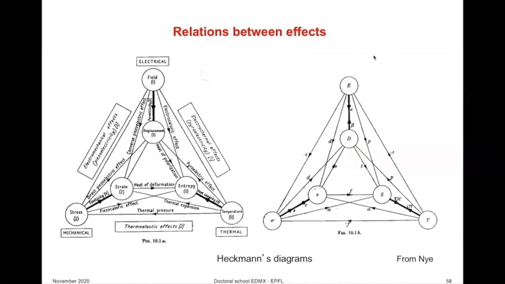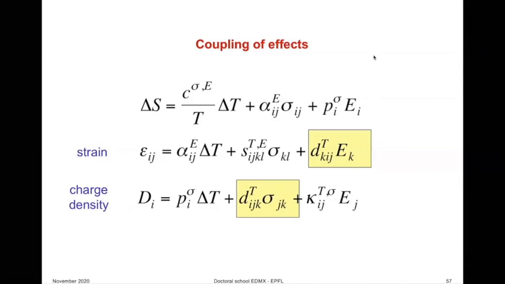These can be described very conveniently through so-called Heckmann's diagrams, and I would like you to be aware of this. Let me just go back here and say that in each of these cases we can add magnetic fields and magnetization. We can also add nonlinear terms.